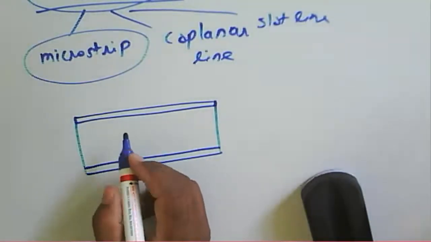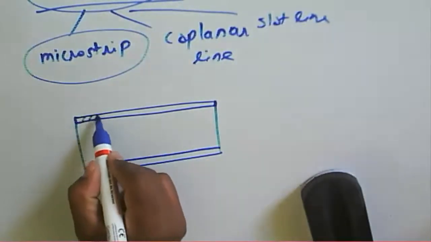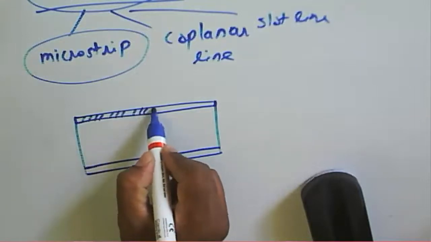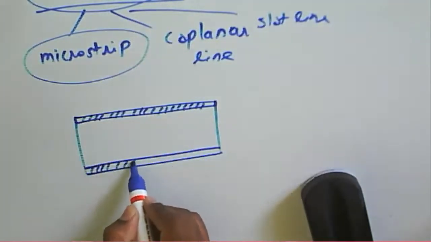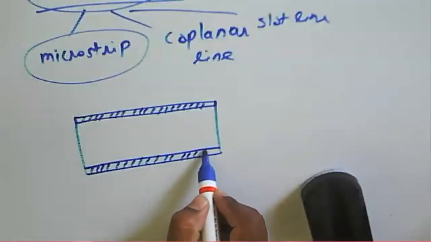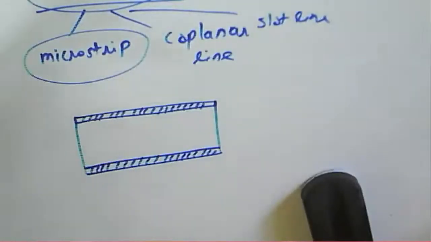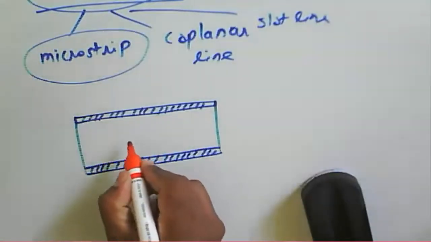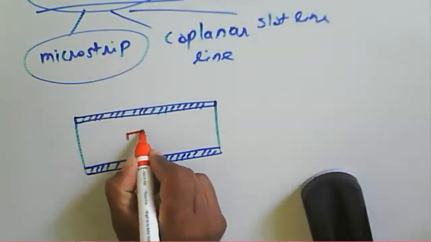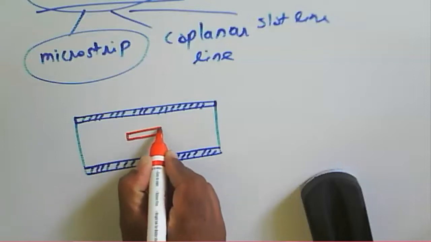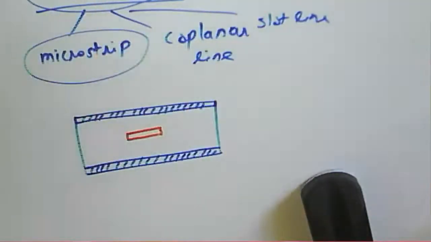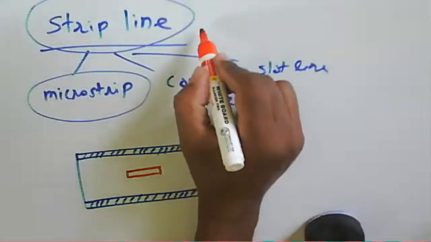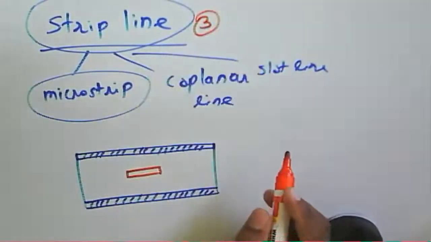Now in this case, what happened? These are conductors in a strip line, and in between there is a small strip. If we consider a strip line, it has three conductors.